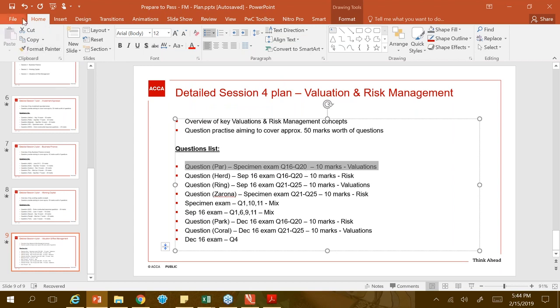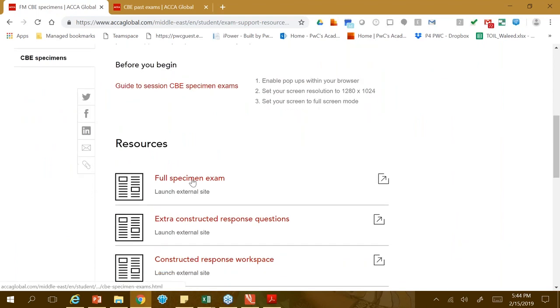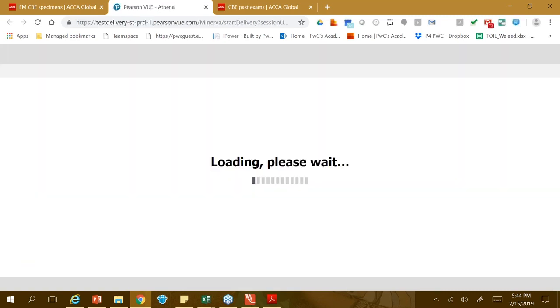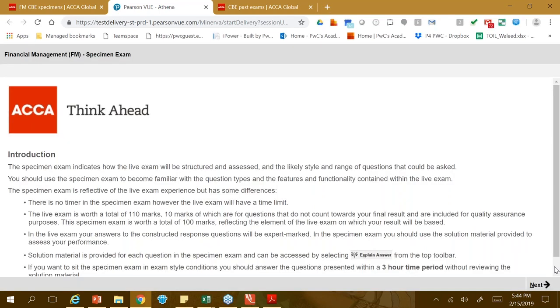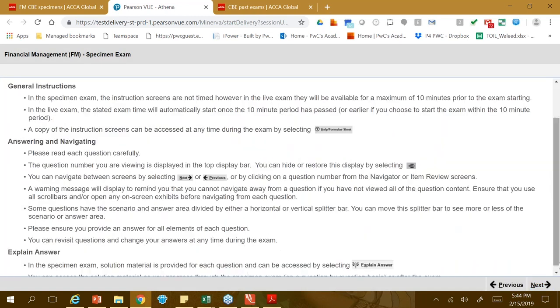So if I can now take you into the specimen exam, the full specimen exam. And within this specimen exam, now we will look at question 16, which has got a bit of valuation on it.